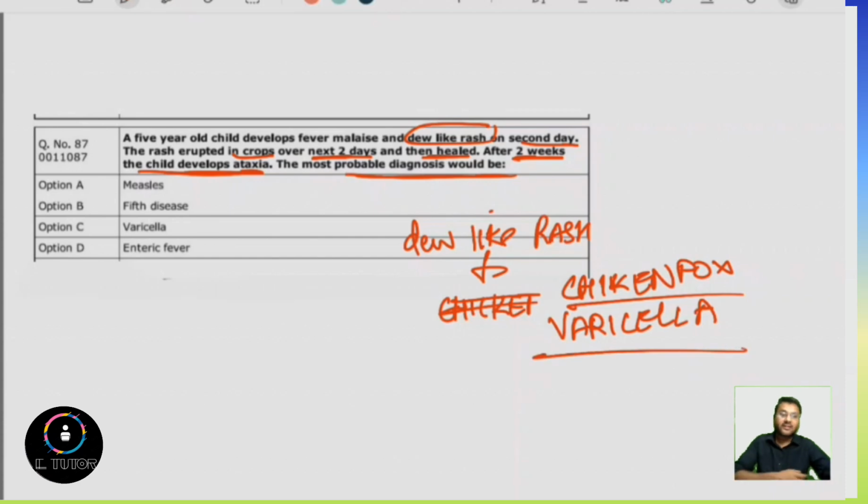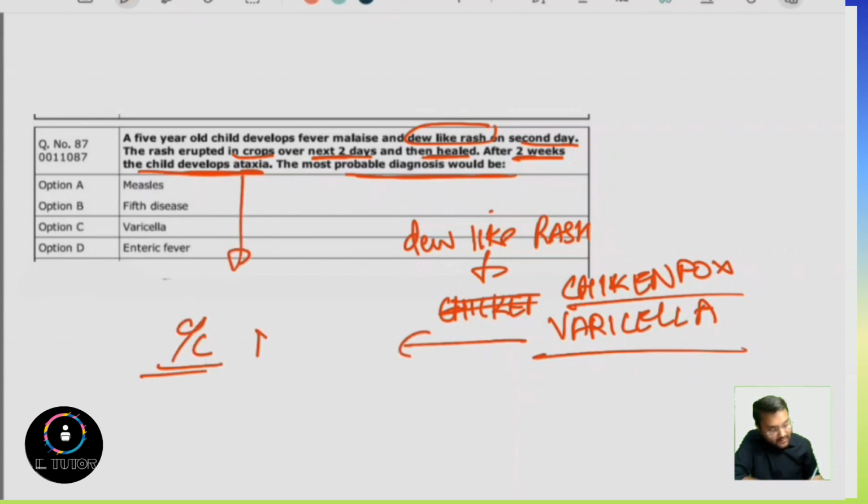So the answer here can be varicella. Now the next hint is that the child develops ataxia. So in case of chickenpox, one of the complications is benign cerebellar ataxia.